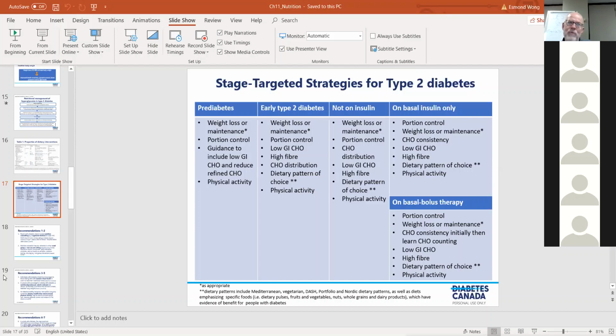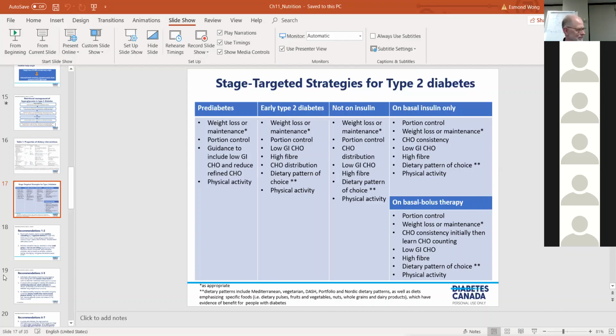And then they would use the 500 rule, which is 500 divided by the total daily dose of insulin to get you the carbohydrate number for the insulin carbohydrate ratio. So let's just say they're on 50 units of insulin, total daily dose. You take 500 divided by 50 is 10. And so you would say the insulin carb ratio is 1 to 10.